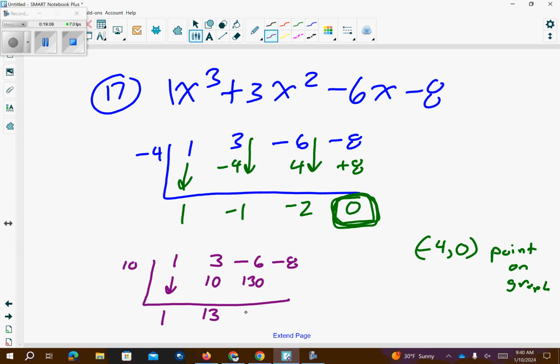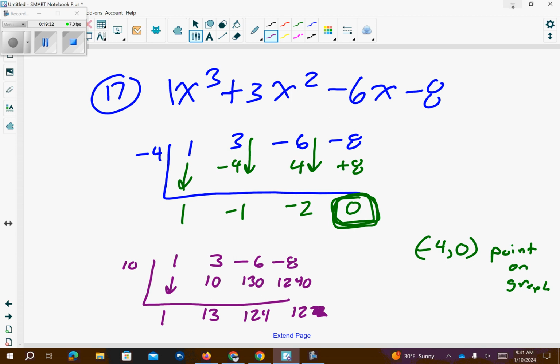That's going to give me 124. 124 times 10 is 1240. Add those. So that's 1244, no wait, 1364.